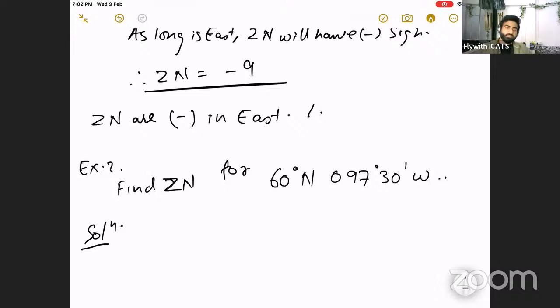I'm getting different answers. If you get 0.5, you will round it up. Remember that. If you get 0.5, you'll round it off to the next higher number.